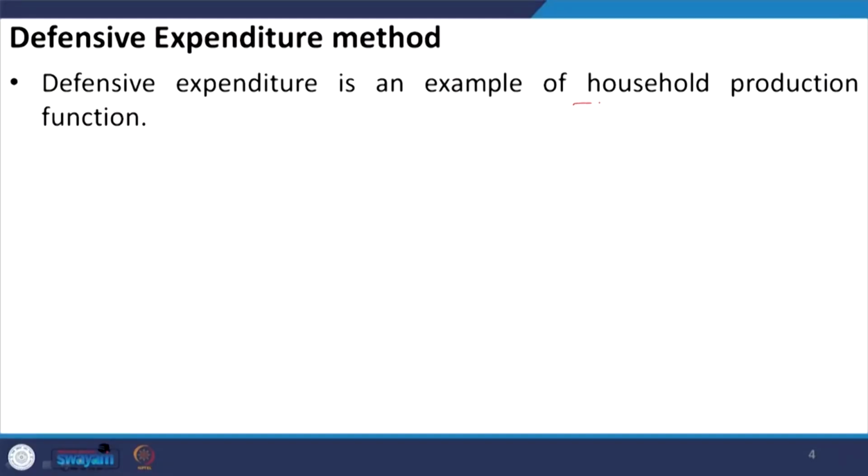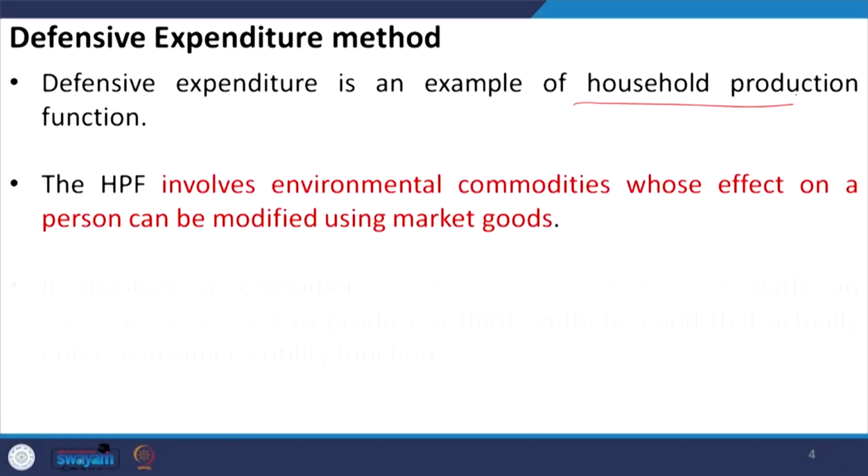So that is why this defensive expenditure is an example of household production functions. Again, household production functions involve some environmental goods or commodities whose effect on the person can be modified by using some market good. So here we are using the market good, that is AquaGuard, and the environmental commodity's effect, that is the effect of bad water quality, can be avoided.